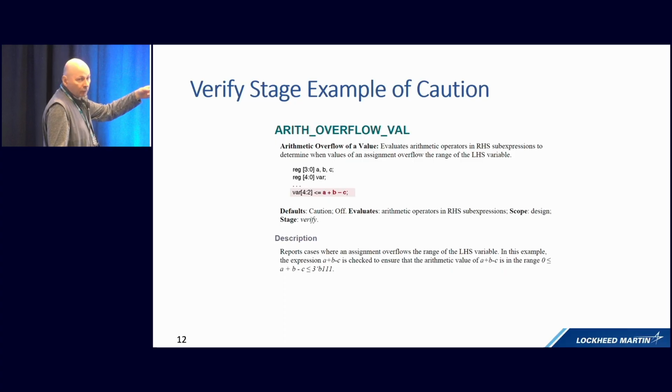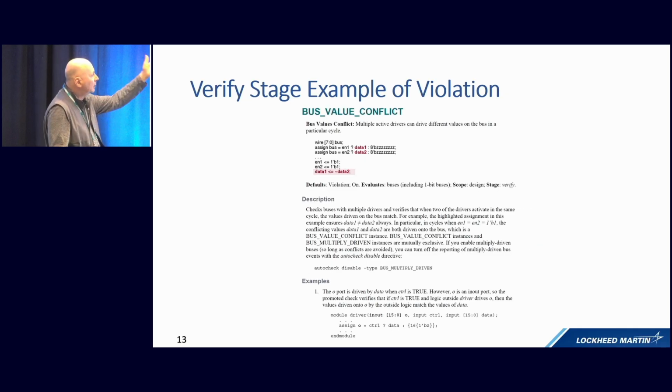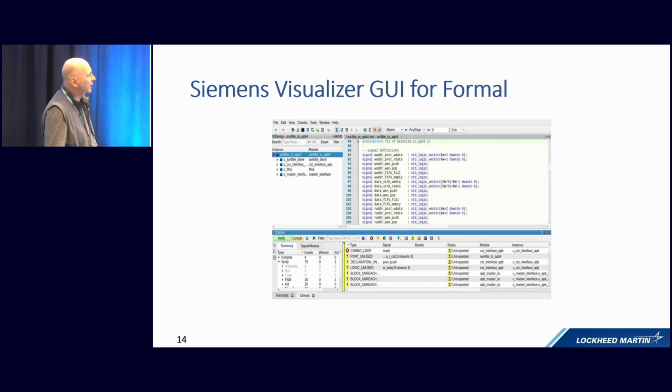It shows the default. It's a caution, so it's kind of like a warning. It shows that by default, this one is off, so you need to turn it on if you want it. And the stage is verified, so it's in the second stage. Similarly, another one, bus value conflict. Again, it's a violation, so it's an error. It is by default on, and the stage is verified, as I was showing previously.